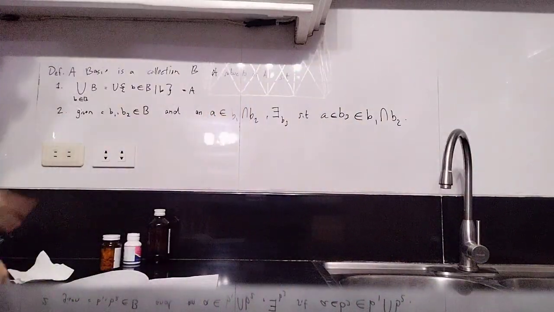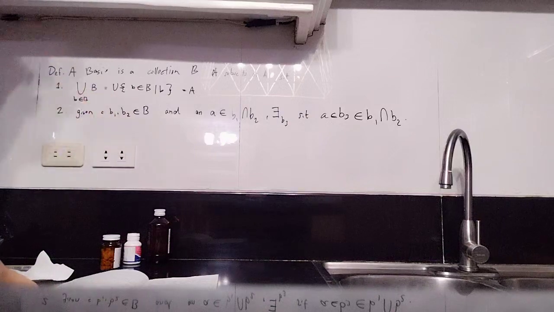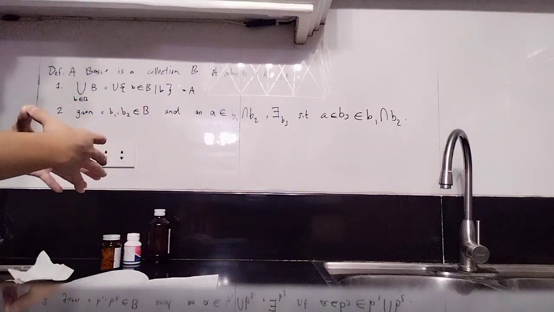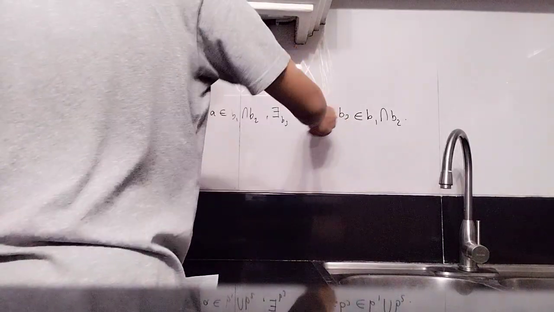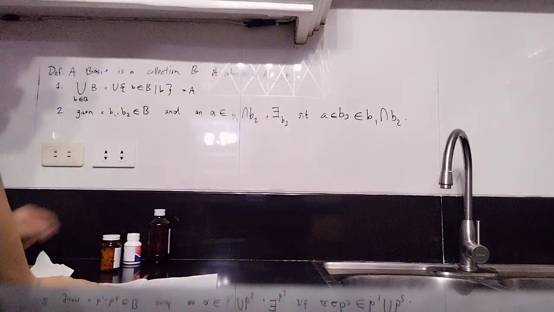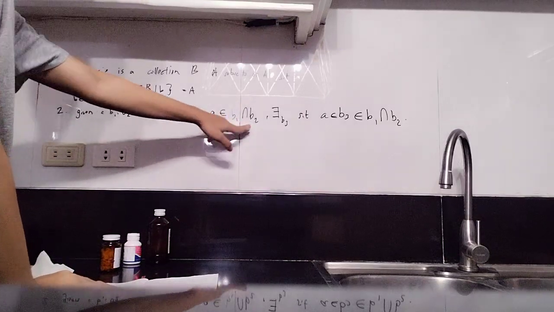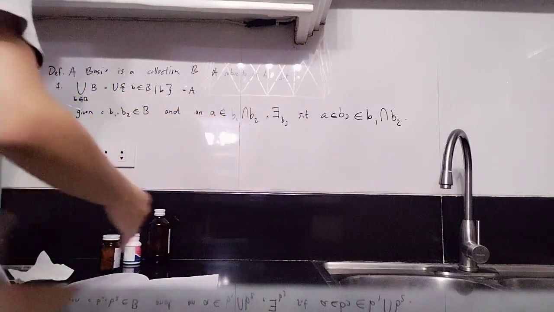So if I have two sets inside the basis, and I take their intersection, there is another set B3 inside this intersection, such that some element A inside the intersection is inside that set.